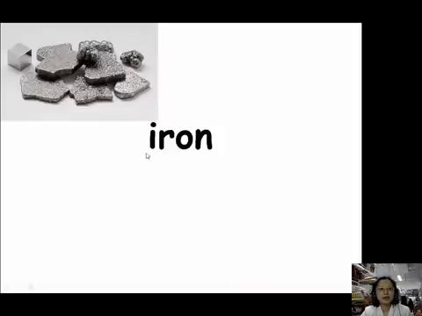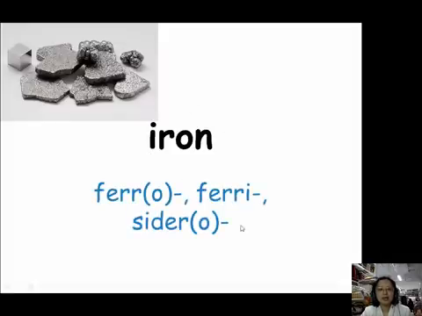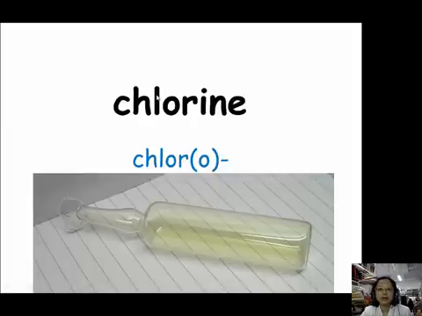Let's review what we've learned for iron. We have three prefixes, ferro, F-E-R-R-O, ferri, F-E-R-R-I, and sidero, S-I-D-E-R-O. For chlorine, which is a gaseous element, we have one prefix, chloro, C-H-L-O-R-O.